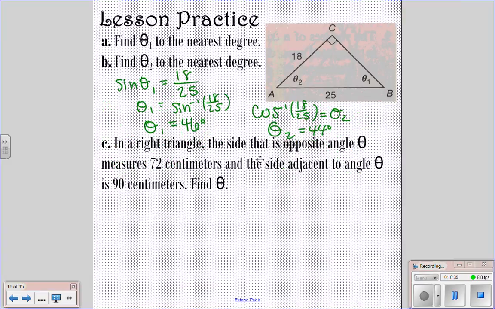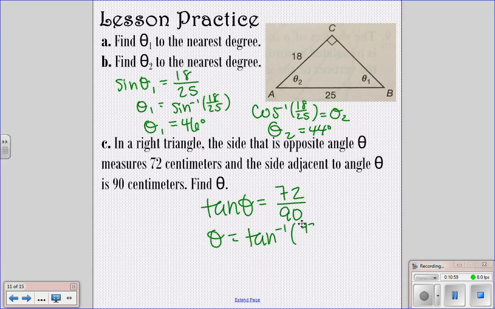Looking at the next one, it tells us the opposite side is 72 and the adjacent side is 90. That means we'll use tangent. Tangent is opposite over adjacent. So if you rewrite that, theta is going to be tangent inverse of 72 over 90. And if you plug that in, round it to the nearest whole number, you're going to get 39 degrees.